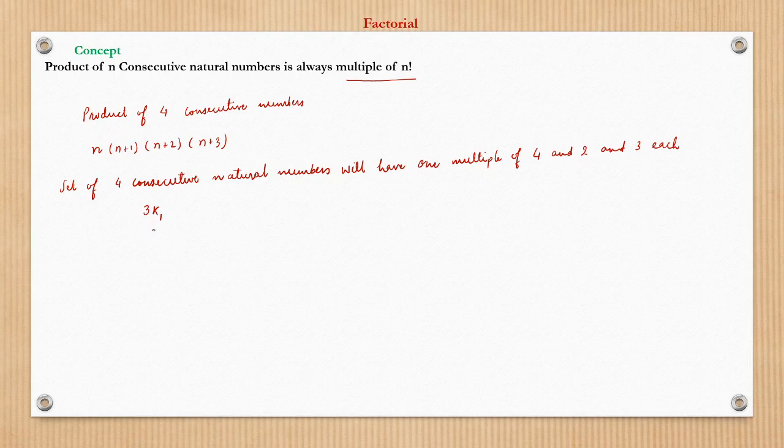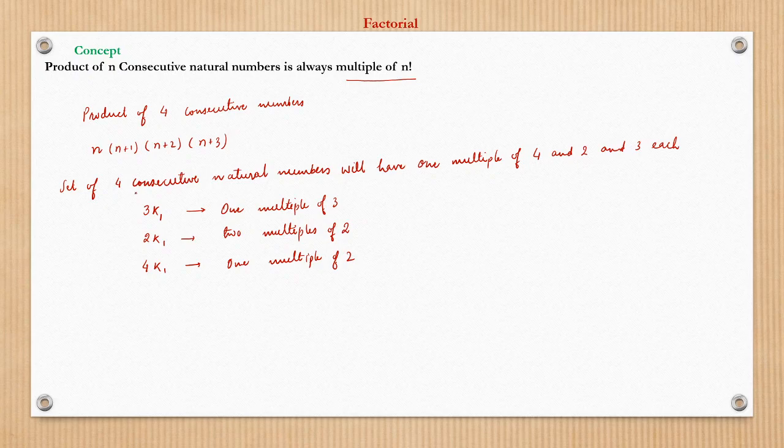So the way I can write this is, there would be one multiple of 3, then two multiples of 2, and at least one multiple of 4.